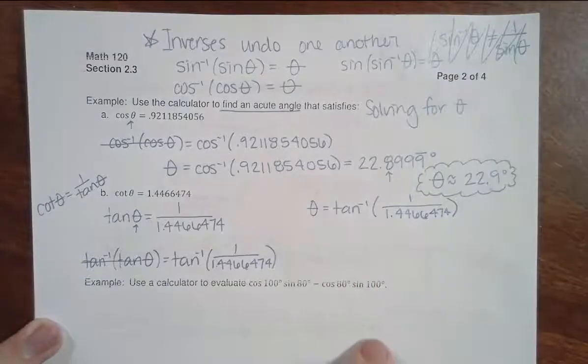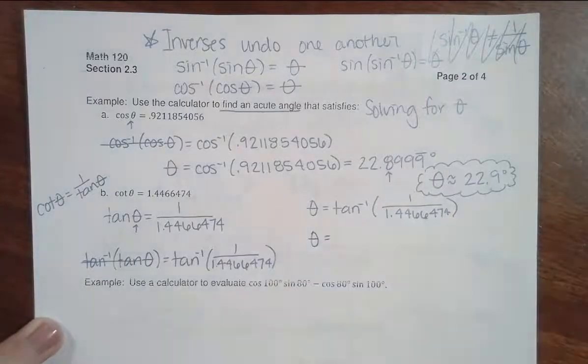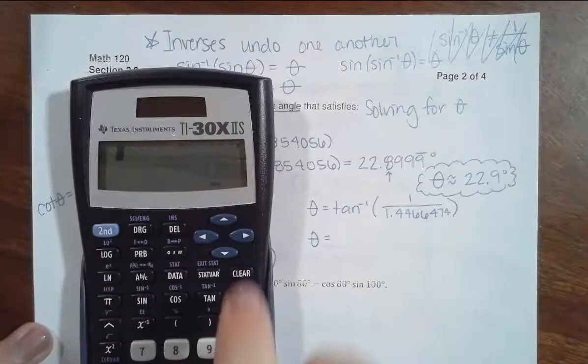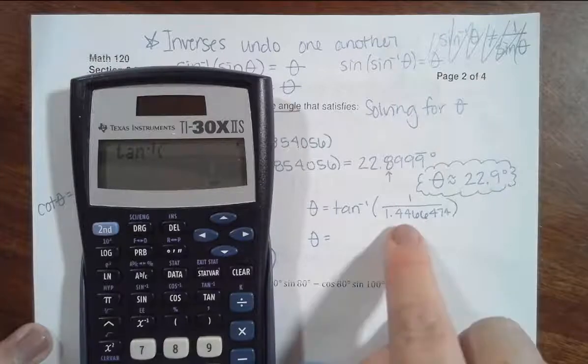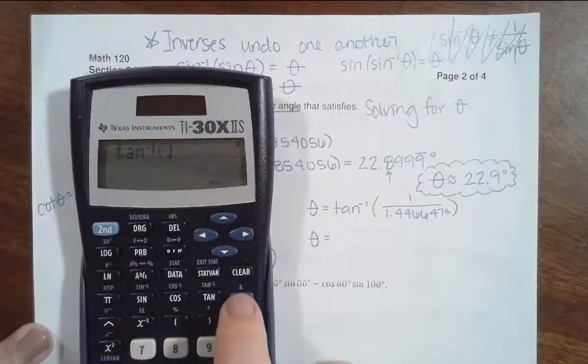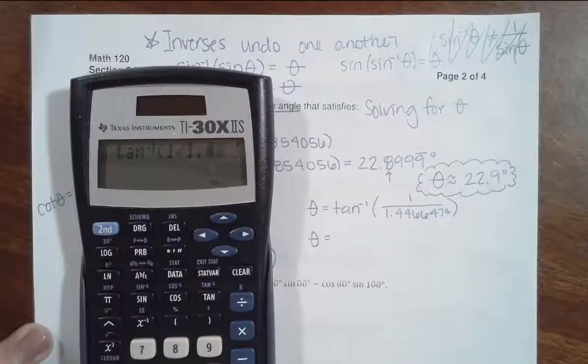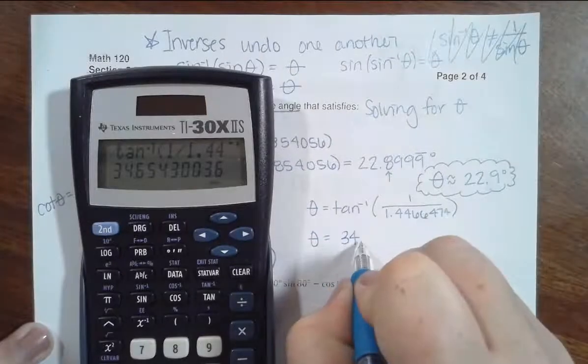And now this is something I should be able to do in my calculator. Okay. So we're going to look for our tangent inverse button. And then this, we should be able to do all in one step in here. So I'm going to do 1 divided by 1.4466474, close my parentheses, and notice we end up with 34.654 and some more stuff, right?